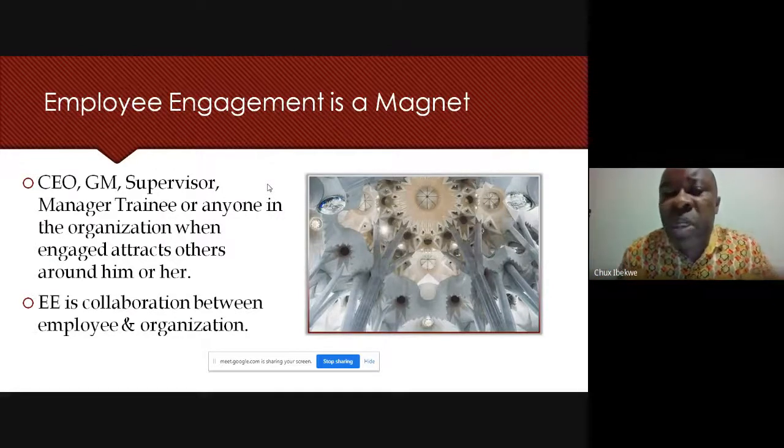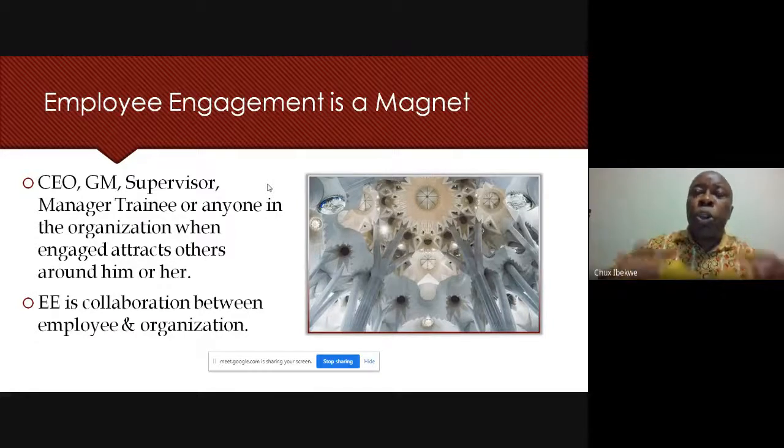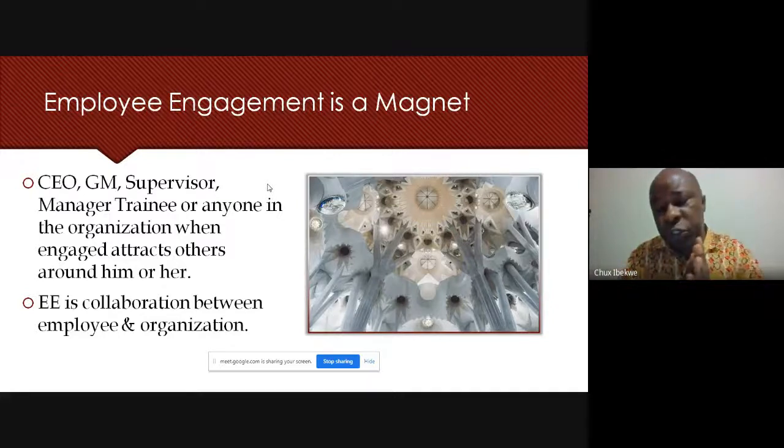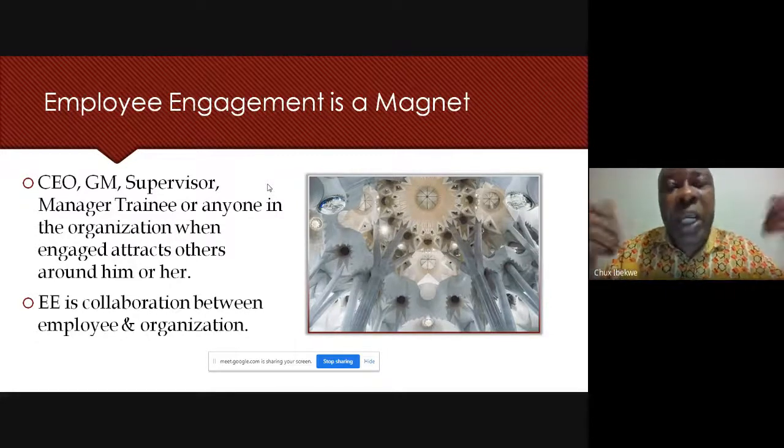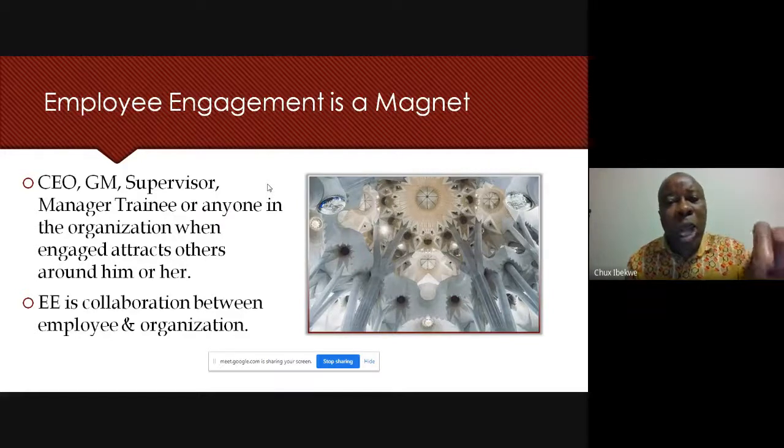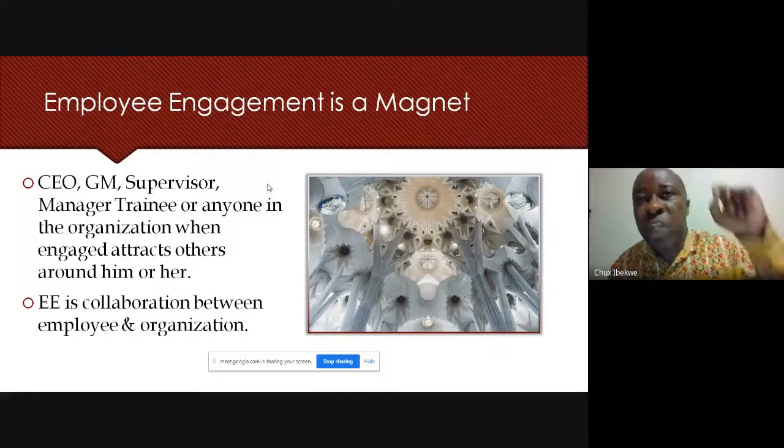DTS International 2014, to show you how varied the definitions of employee engagement have been. I'm not challenging you, I'm asking you now to think about yourself because you are part of this definition, you are part of this conceptualization of engagement.